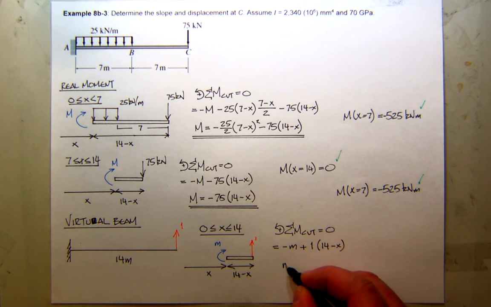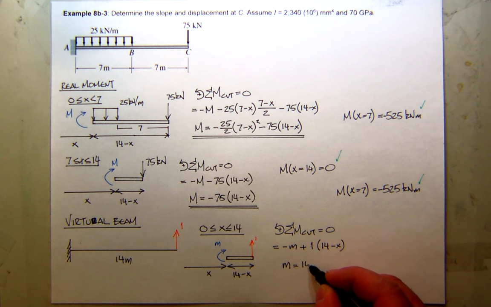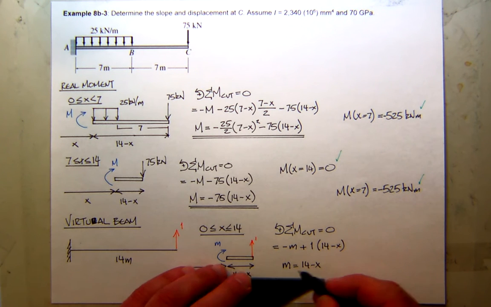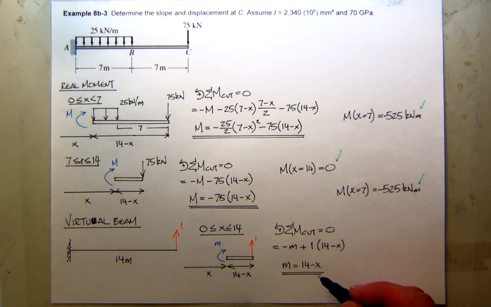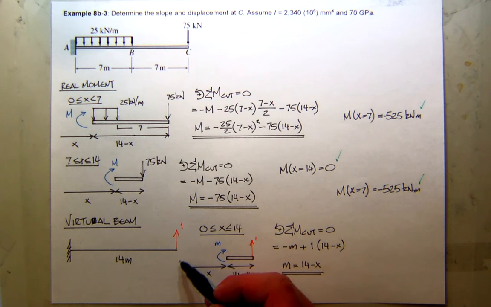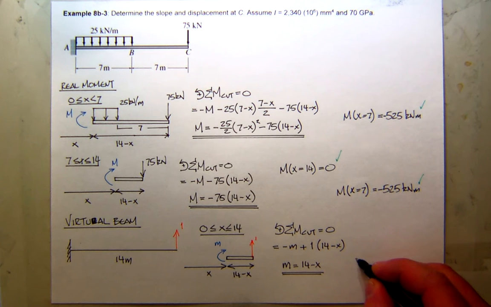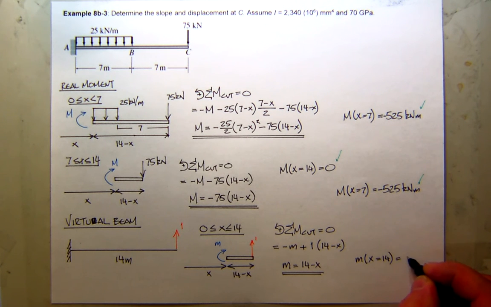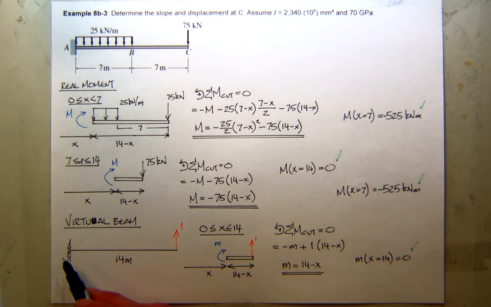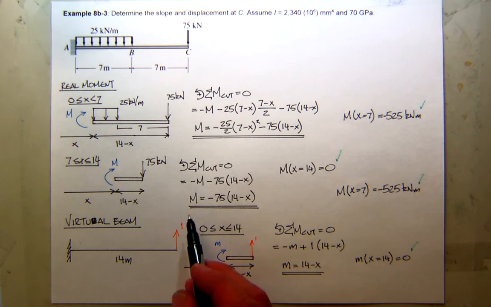So it looks like the virtual moment is equal to 14 minus x. Does that work? What's the moment at the free end? 0. So the virtual moment at x equal 14 should be 0, and it tells us that. And obviously, if you put in x equals 0, you find that the virtual moment is 14. And that makes sense. 1 times 14 meters should be 14.